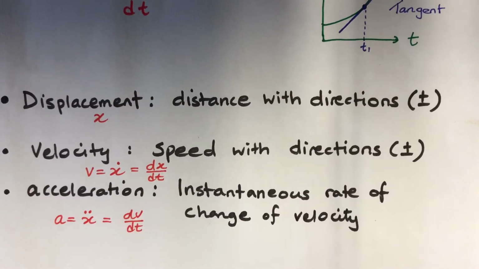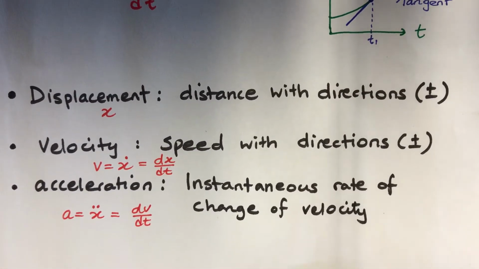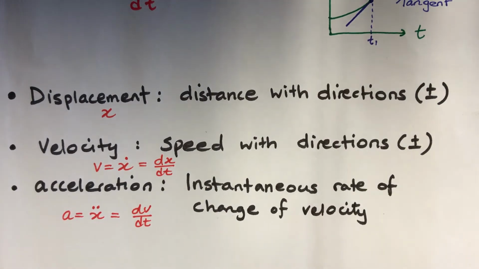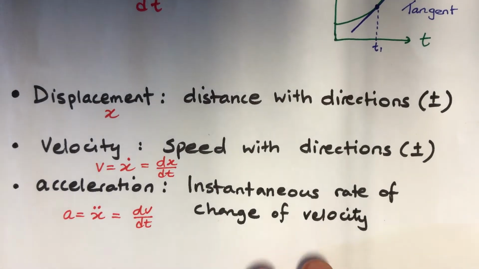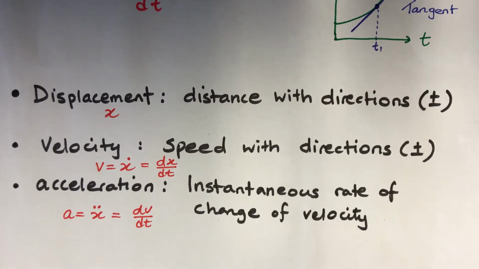Now, before we start the questions, you need to know 3 different meanings here. We're going to use displacement now, not distance. Displacement is distance with directions, positive and negative, like going to the right or going to the left. And velocity is speed with directions.